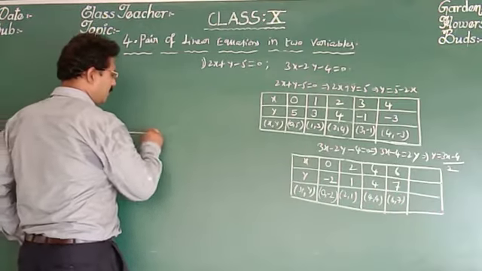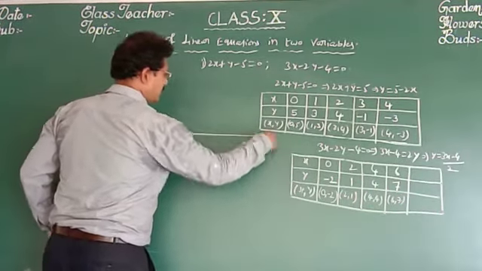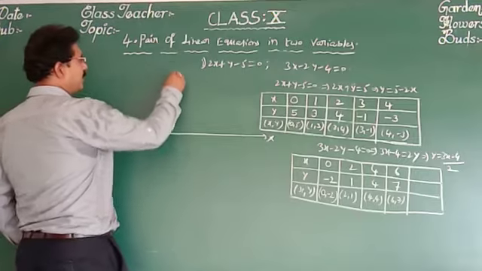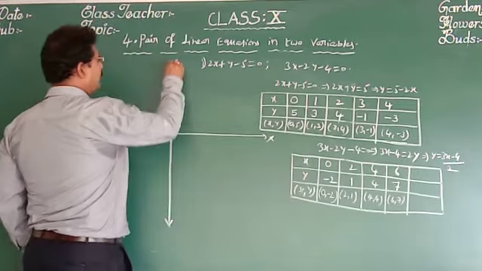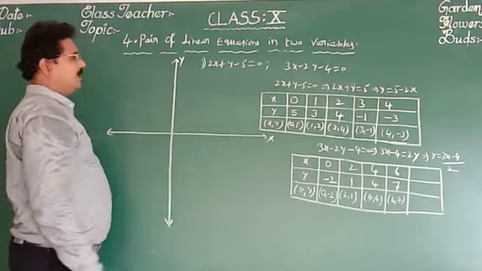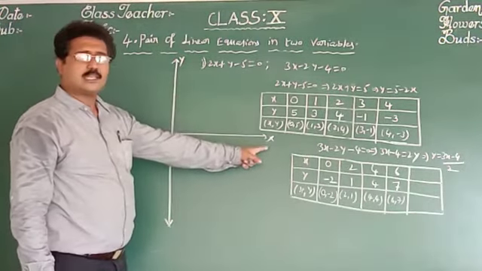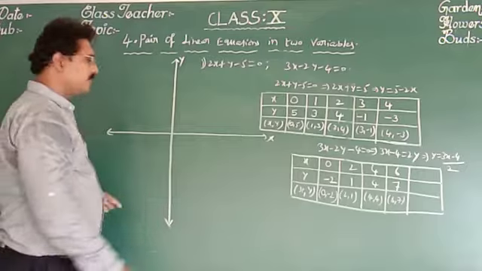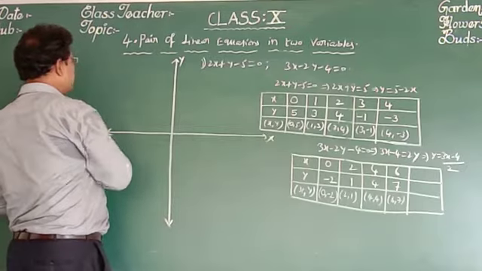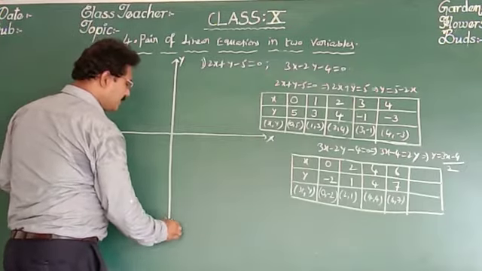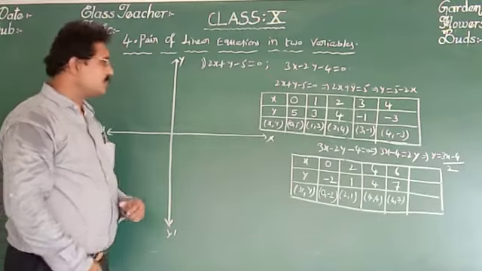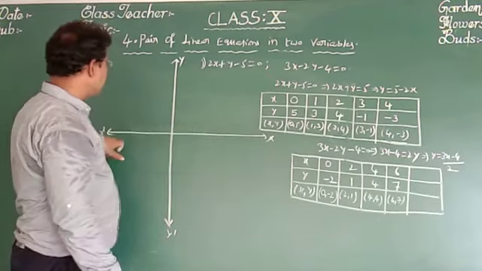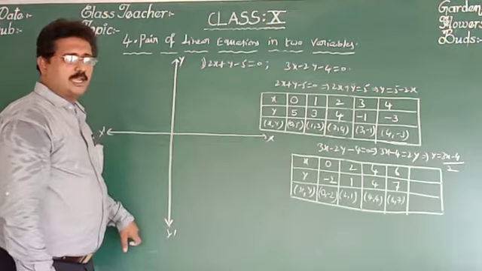First x-axis, that is horizontal line, and y-axis, that is vertical line. Every horizontal line is known as x-axis and every vertical line is known as y-axis. So this opposite is x dash and this opposite is y dash. These are very important calculations.